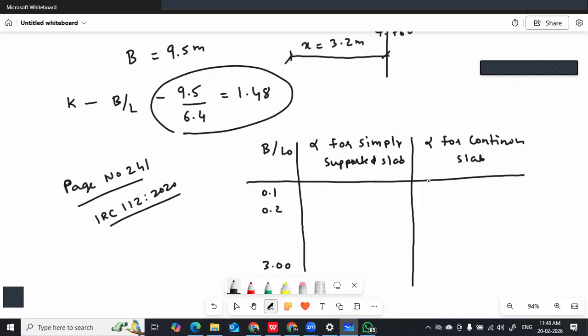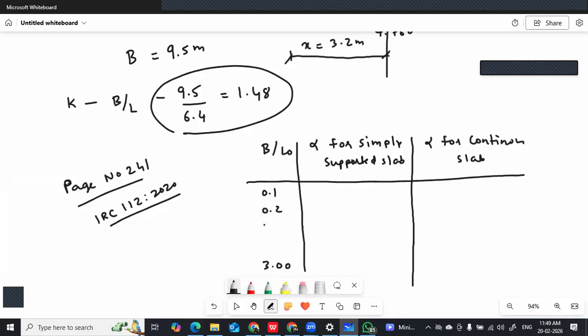Is it a simply supported bridge or a continuous bridge? Our bridge is not continuous. It is simply supported. It is a simple slab culvert. Okay, it is a simply supported slab.